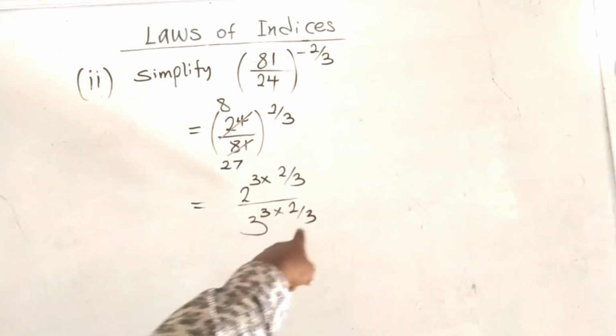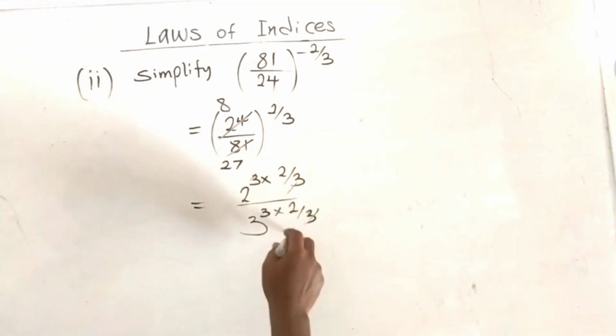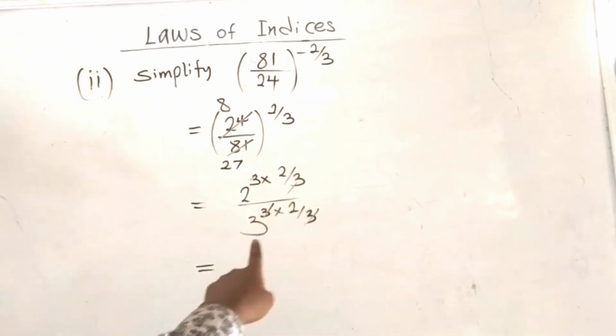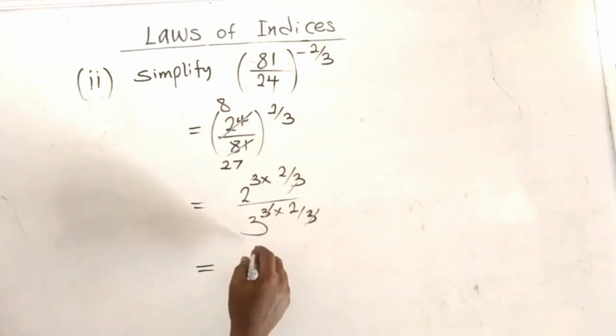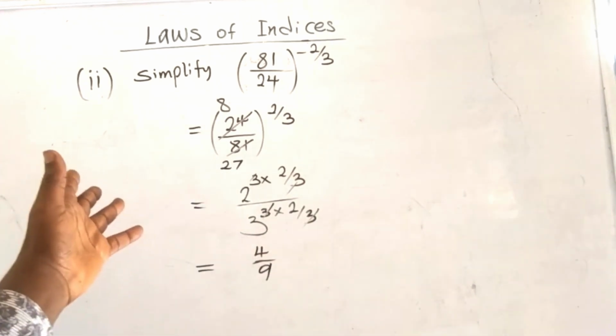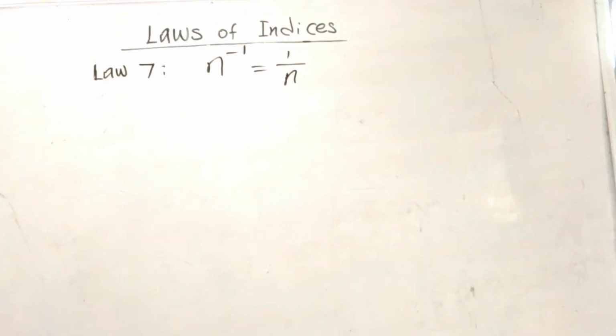So 3 cancels 3, and we are left with 2 squared over 3 squared. So let's move to the next example. We treat more questions under our practice questions section.